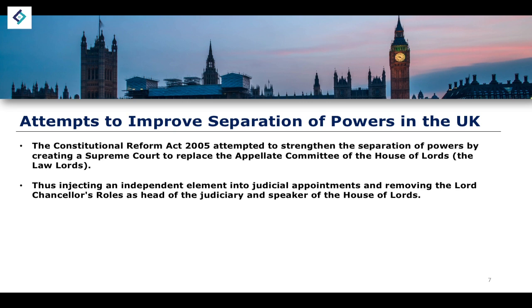So you have an individual that has the joint power to be the head of the judiciary as well as the Speaker of the House of Lords, as well as having roles within the executive, which the Lord Chancellor had. Then that, of course, is just shunning the idea of the separation of powers quite substantially.